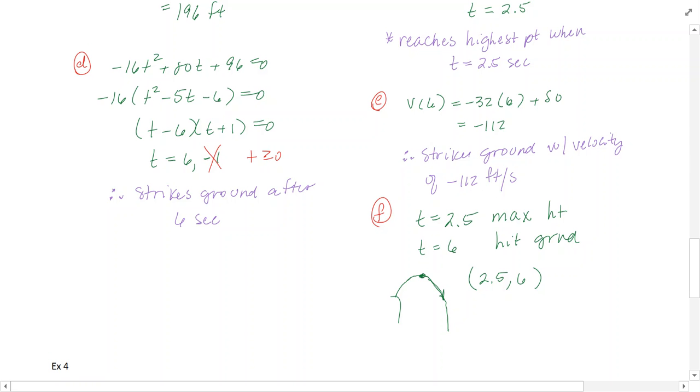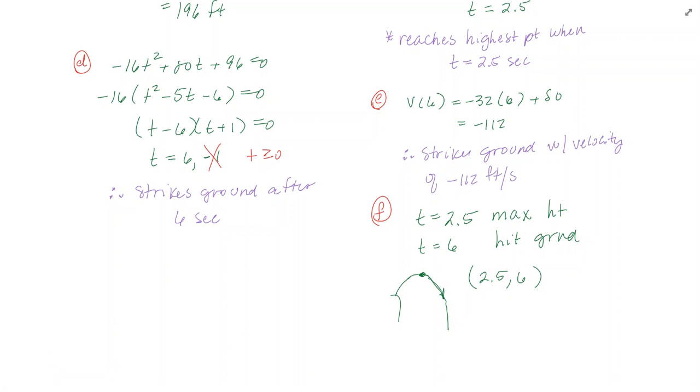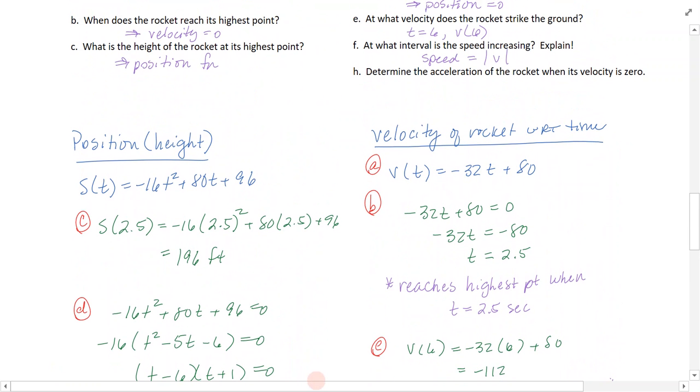So the final question that we have up there says, determine the acceleration of the rocket when the velocity is equal to 0. Remember that acceleration with respect to time is simply the derivative of velocity. And we want to know, what is acceleration when velocity was 0?